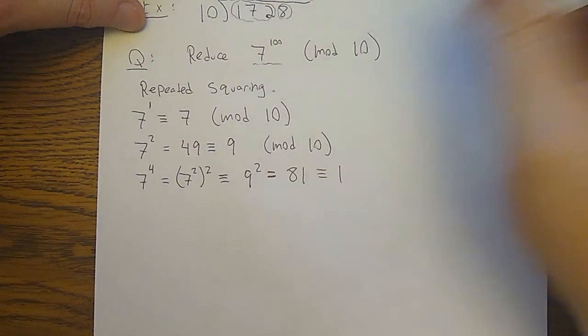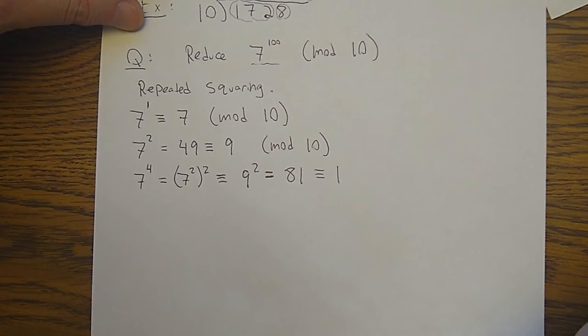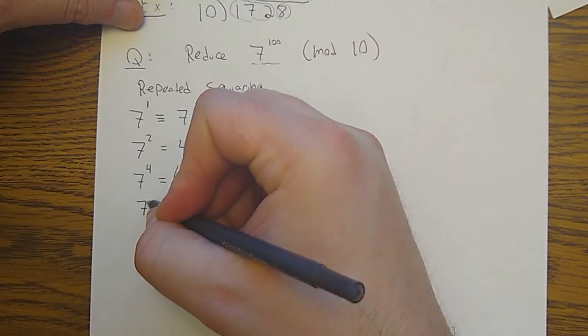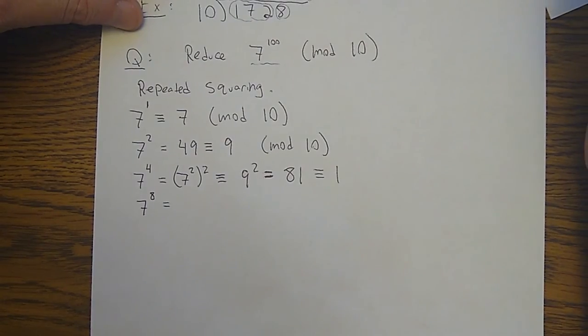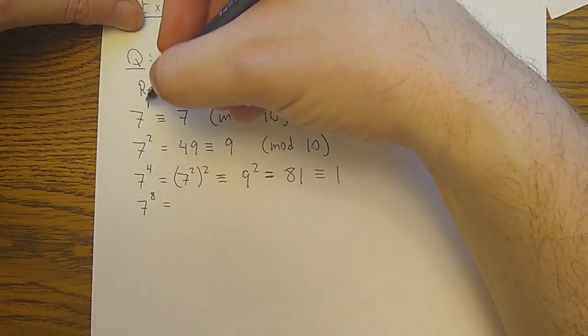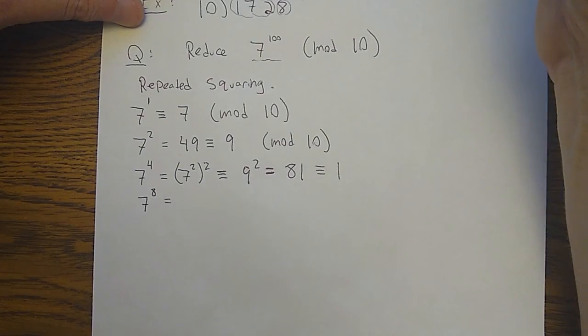And then, like I said, I'll stop writing mod 10 everywhere. The next one I can do is 7 to the 8th. Right? These powers are actually growing pretty fast. I went from 7 to the 1, 7 to the 2, 7 to the 4, and I'm about to do 7 to the 8th.